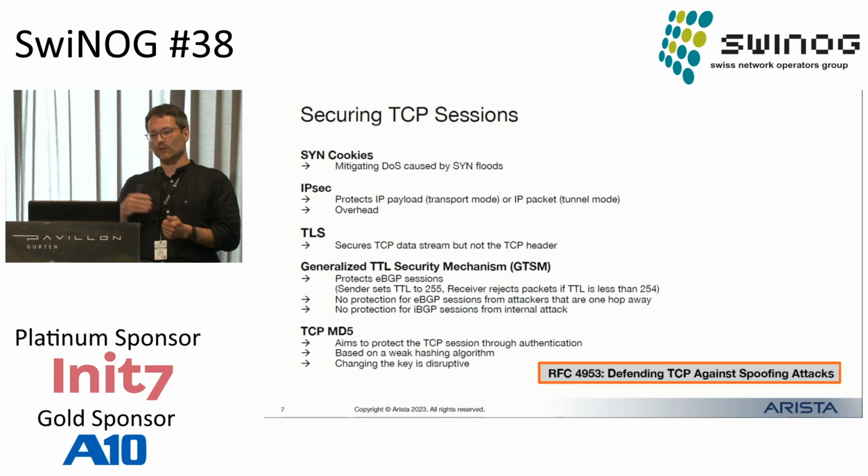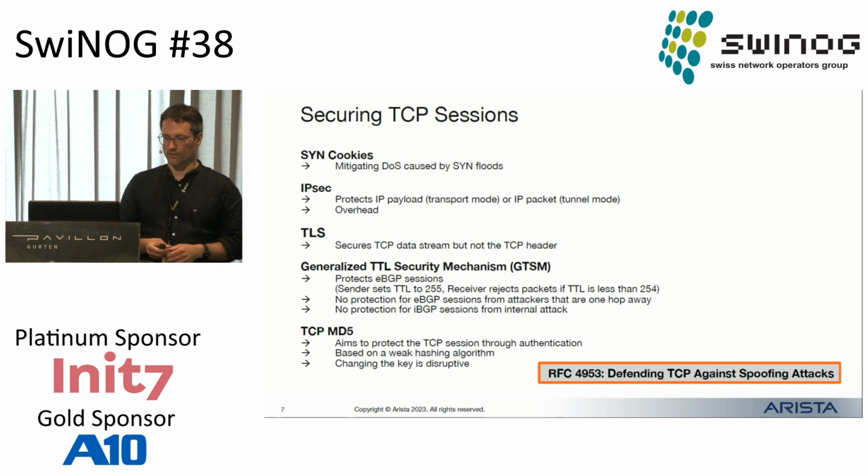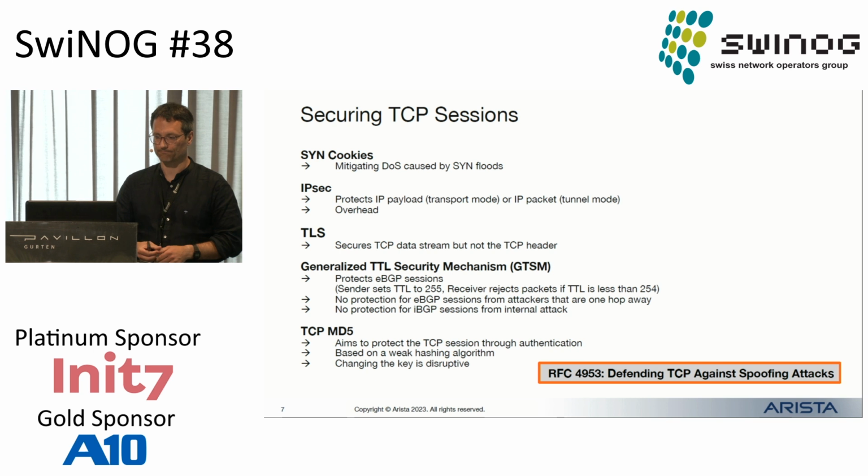But it does not protect eBGP sessions from an attacker that is just one hop away, like in an internet exchange, for example. And it does also not protect an iBGP session, which is most likely several hops away.